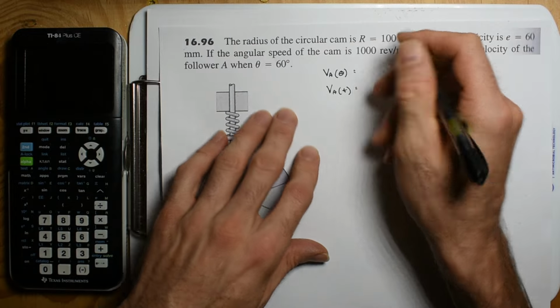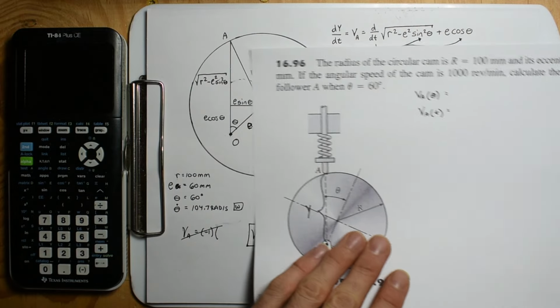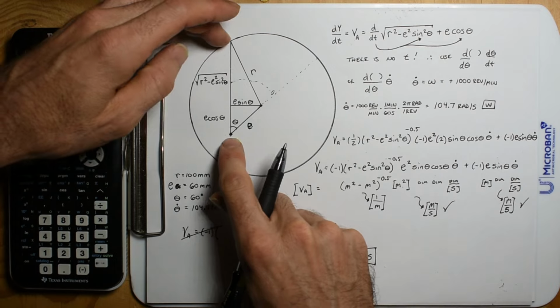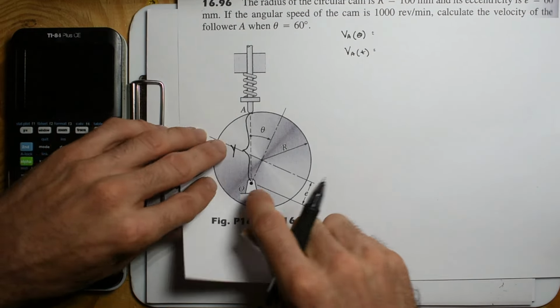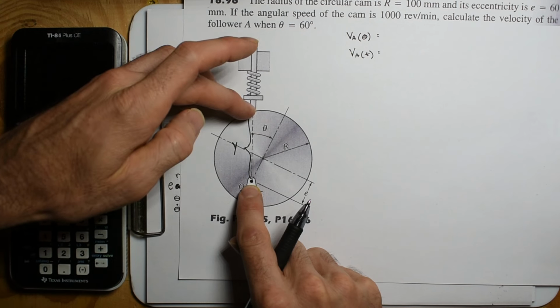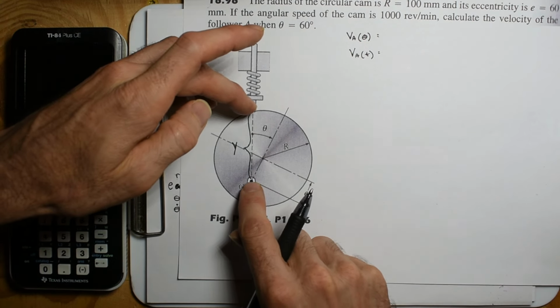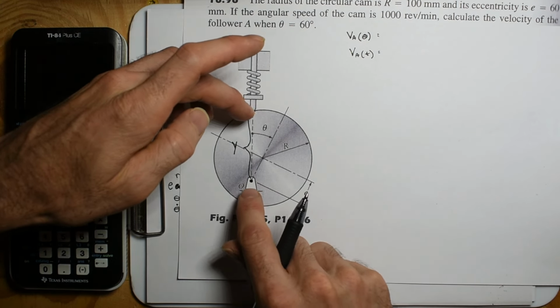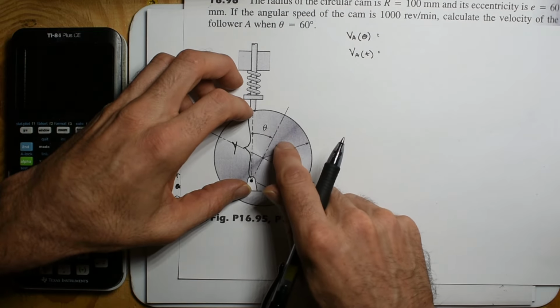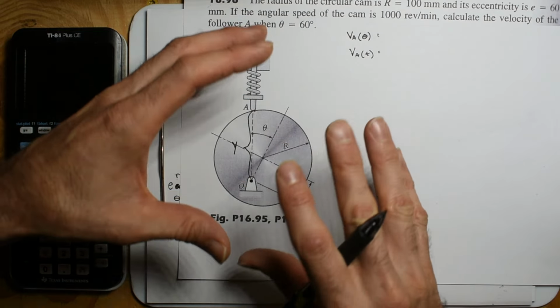So just think about those two things for a second. What we decided we can do to find the velocity is to figure out what this height is. If we know what that height is at any given angle, well, hell yeah. Then we're kind of in business.